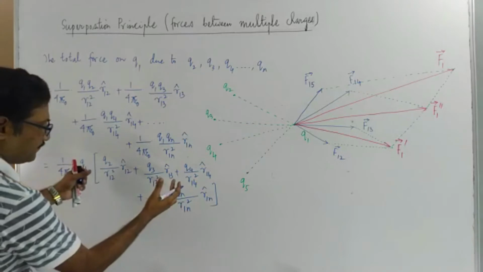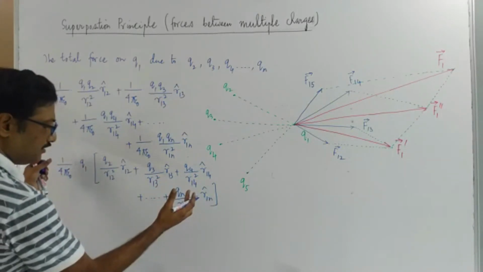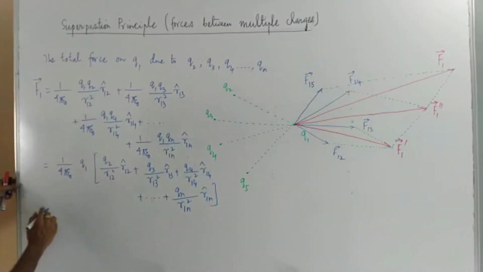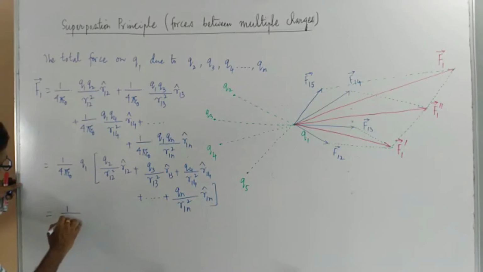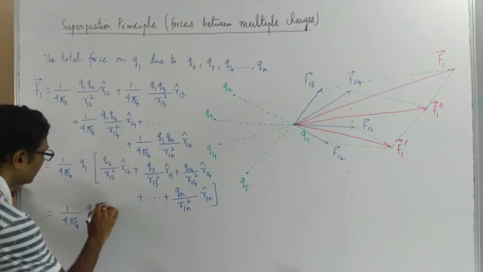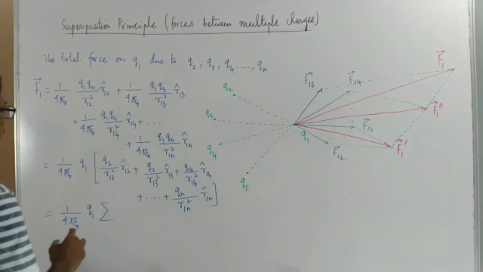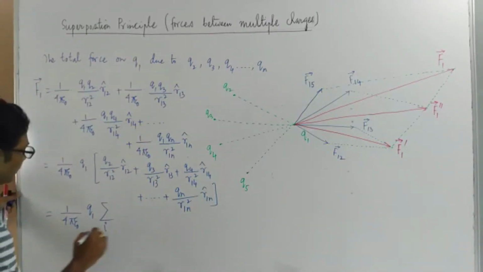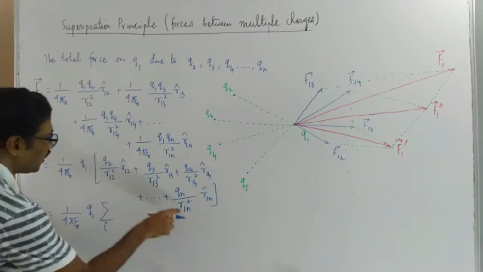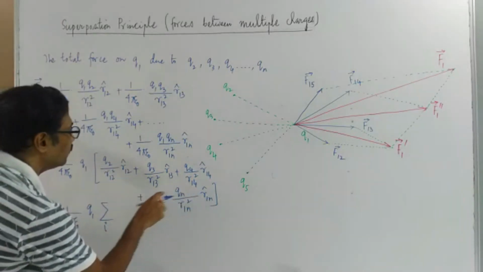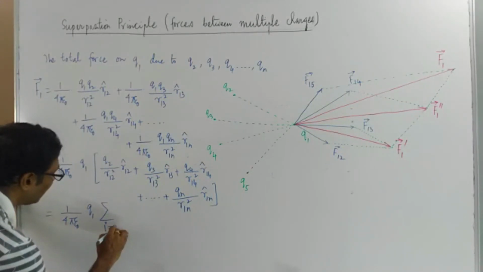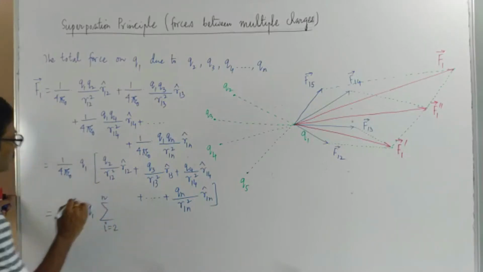So it can be represented by a compact notation, use of summation. Okay. So that can be written like this: 1 by 4 pi epsilon 0 Q1. Then I am taking summation over the running variable. Say I am considering running variable to be I. That I varies from 2 up to n. You can see 2, 3, 4, 5, 6 up to n. So this is represented as I is equal to 2 to n.